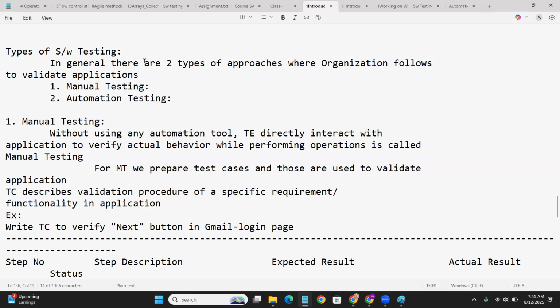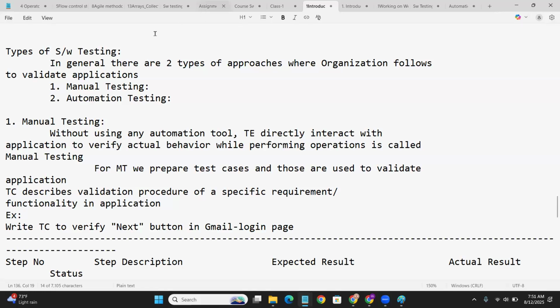For manual testing, we prepare test cases and those are used to validate the application. A test case describes the validation procedure of a specific requirement or functionality in the application.